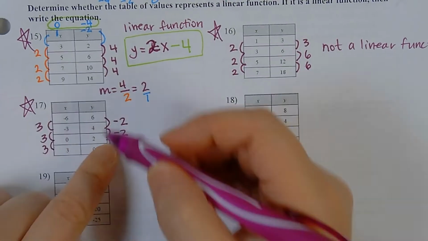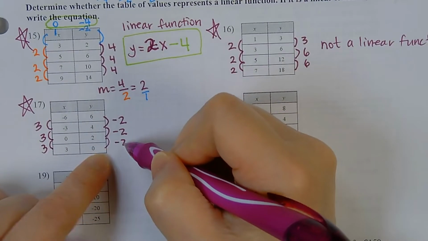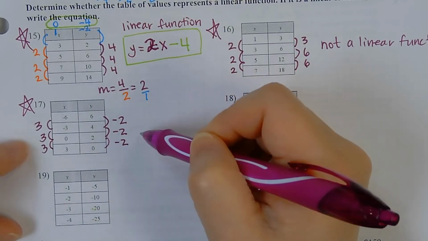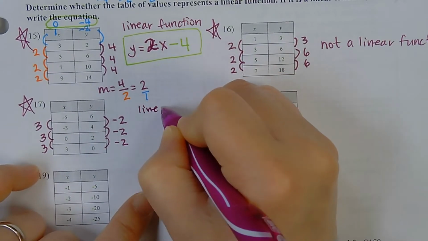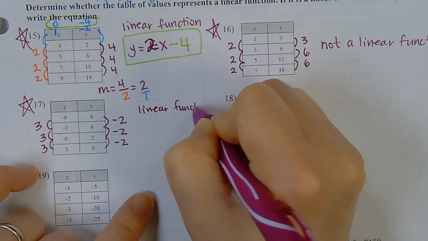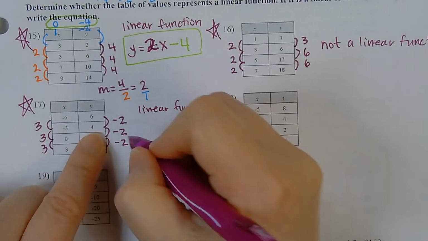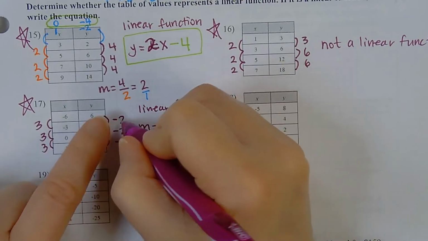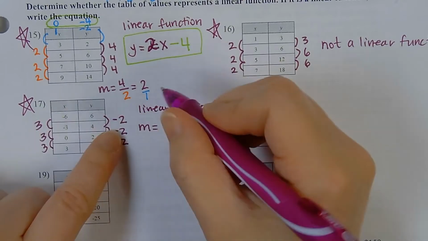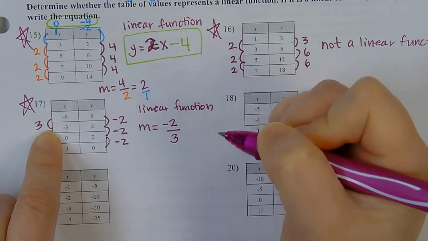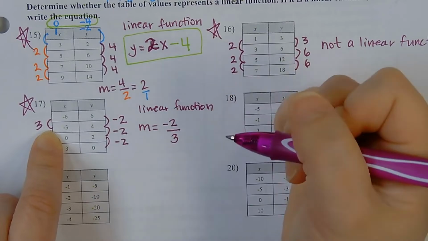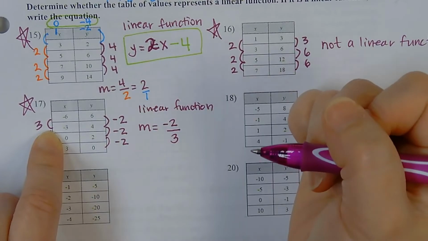So now notice my y differences are all the same, and my x differences are all the same, which means, yeah, we have a linear function. Happy days. All right, so what's my slope going to be? It's the difference of y over the difference of x. My difference of y is negative 2. My difference of x is 3. All right, I cannot simplify this anymore, so this is just my slope.